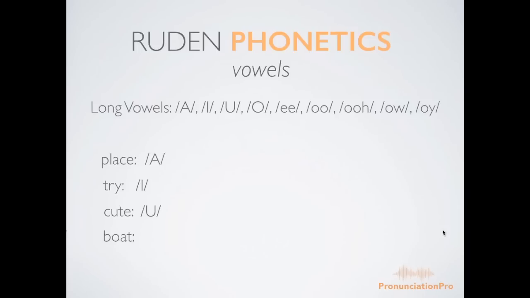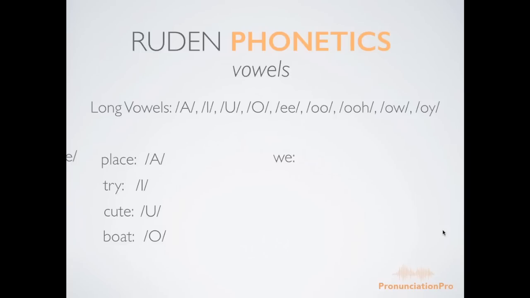Boat. Which vowel are you hearing here? There's two vowel letters, but only one vowel sound that's used. So in this one, it's the long O. All right, let's keep going. We.